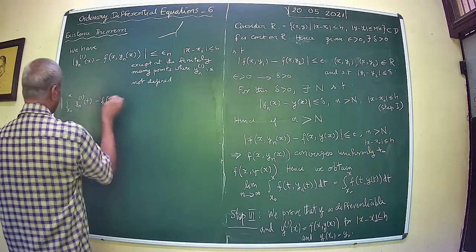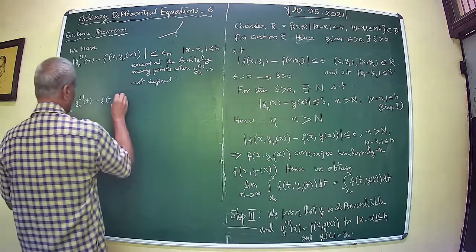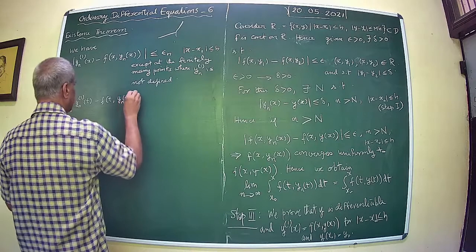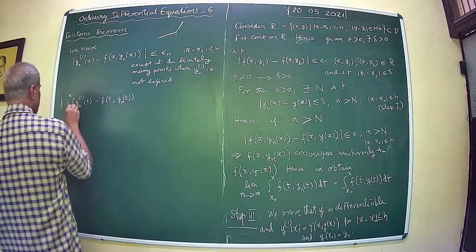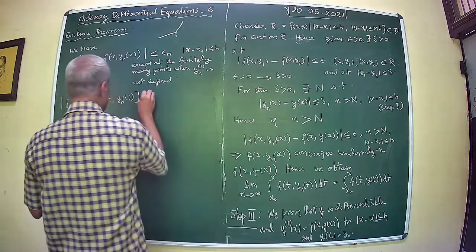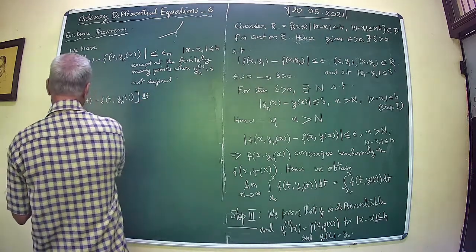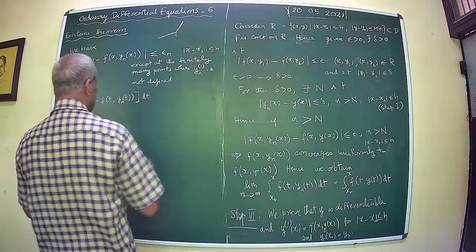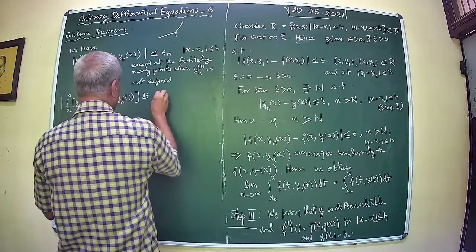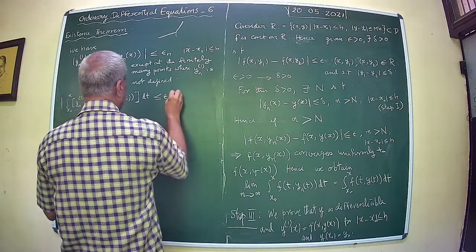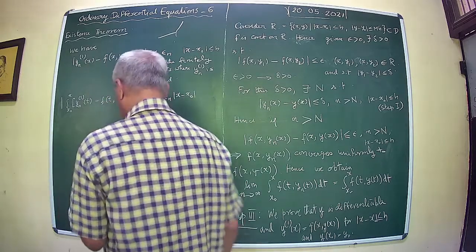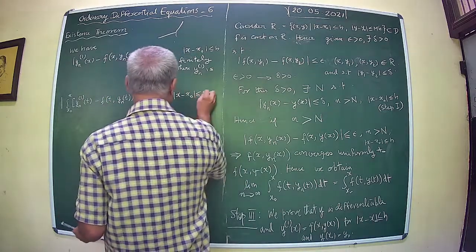I am introducing a dummy variable t, which is the usual thing, not to confuse with the x that we are using. dt. Now I can take this modulus inside and then use this, and from that you get immediately this is less than or equal to epsilon n into mod x minus x naught, which is less than or equal to epsilon n h.